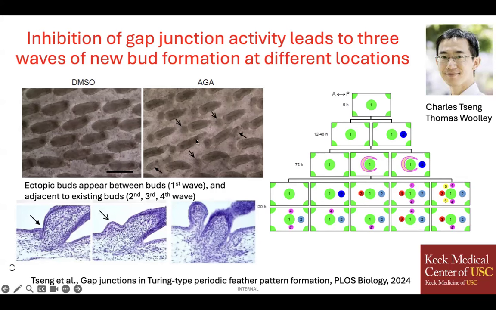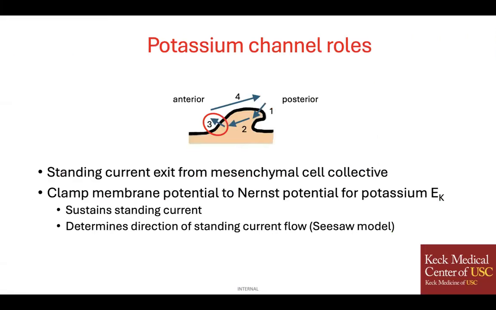The idea that the lab suggests is that there is some kind of an inhibitory agent that is transmitted through gap junctions, and if you block it, then new buds can form in specific locations.